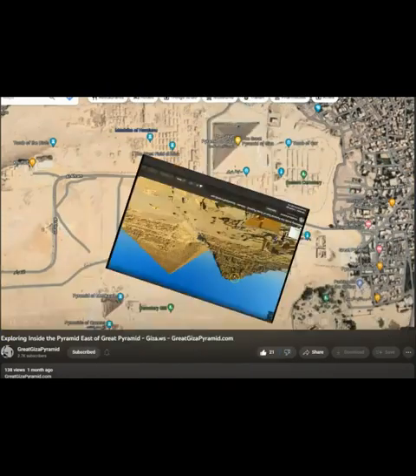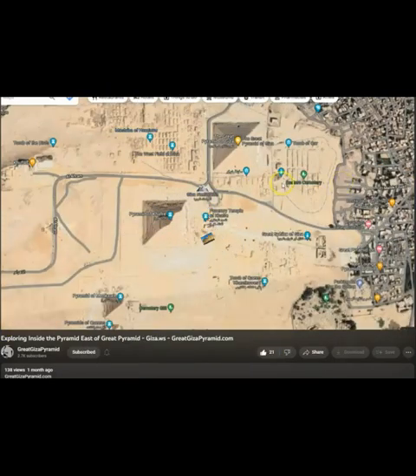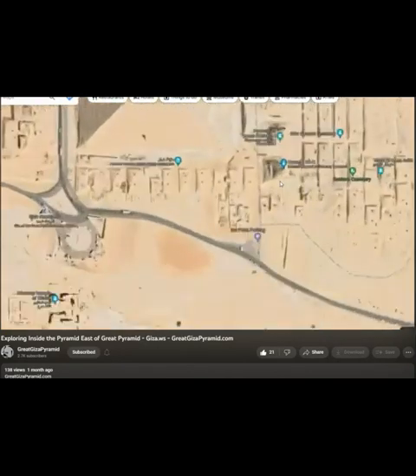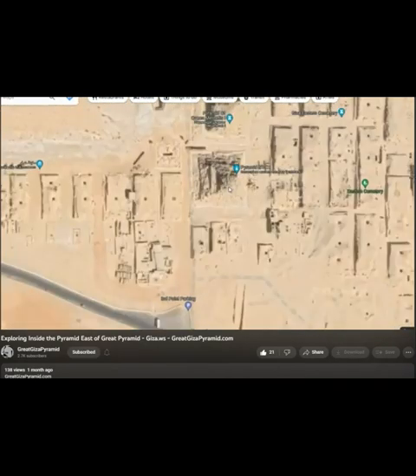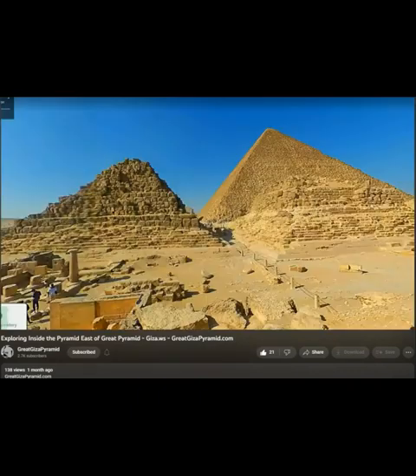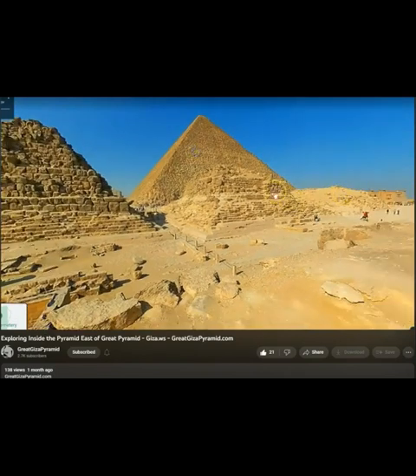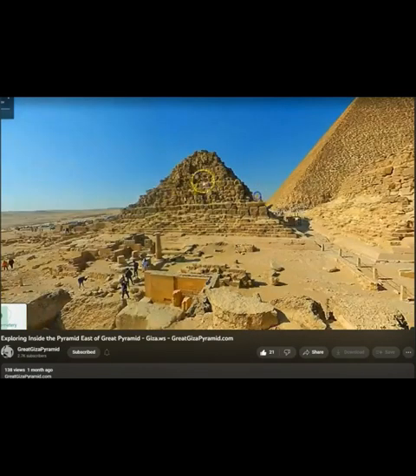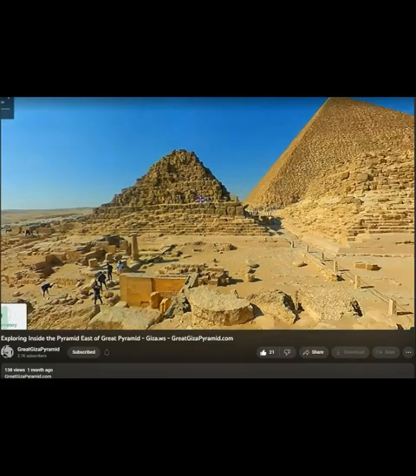Hello world. Today on the Great Giza Pyramid, we're going to be focusing on this structure right here. Now that structure happens to be this structure, which sits next to the Great Giza Pyramid. It's one of the three structures next to the Great Giza Pyramid.